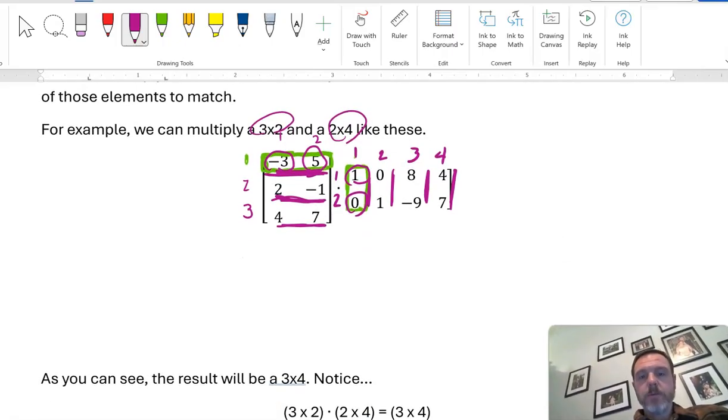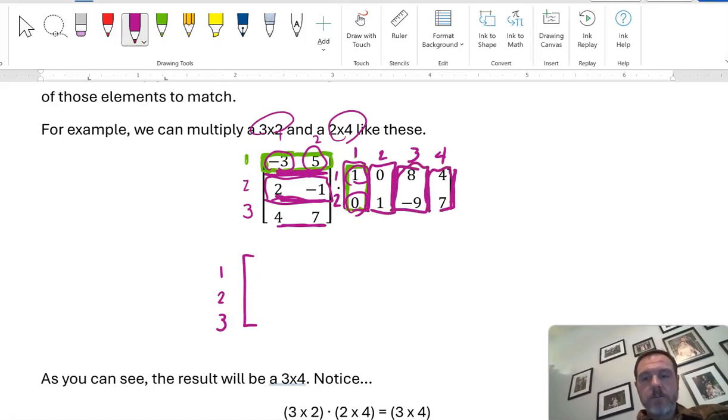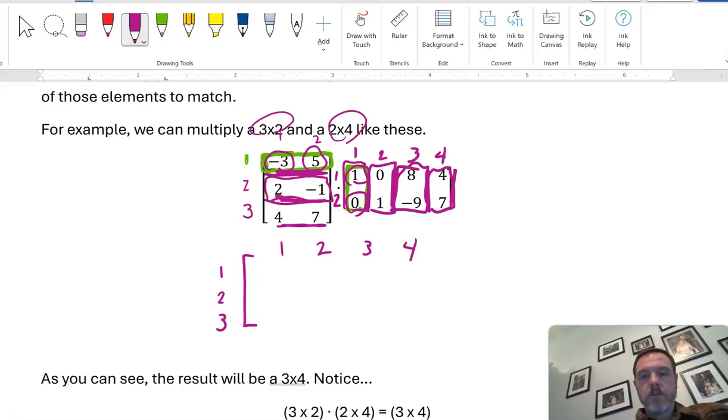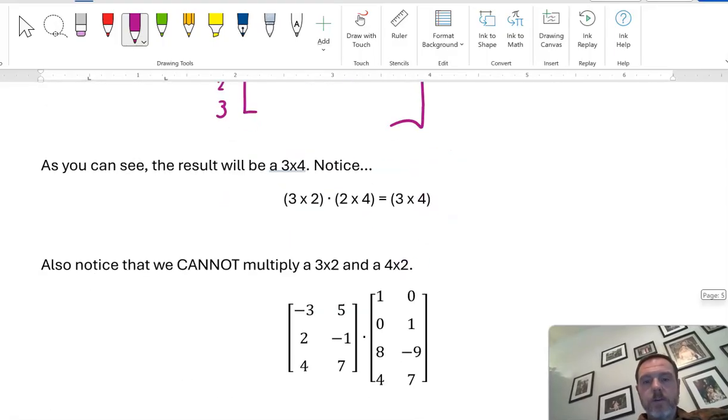All right, so I'm not going to do all this matrix multiplication, but I just want to point out how this would play out. I'd have these three rows of the first matrix, so I would have three rows in my answer, right? And I would have four columns to work with in the second matrix, so I should have four columns in my answer when I take each of the three rows and match it with each of the four columns in the second one, and so I should end up with a 3 by 4.